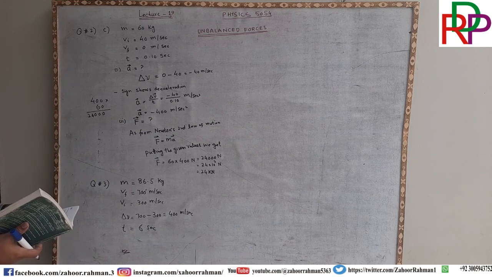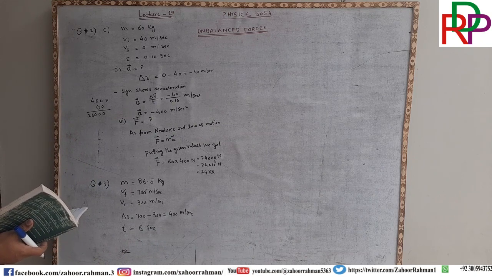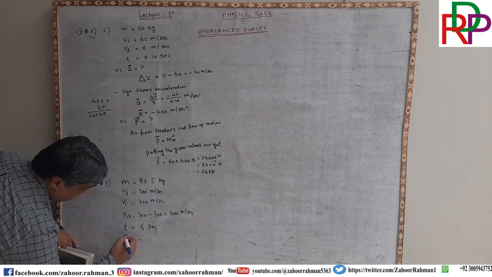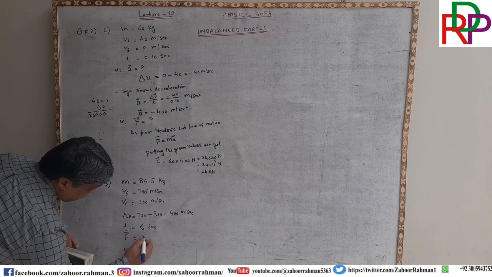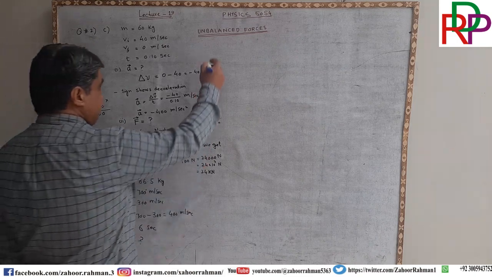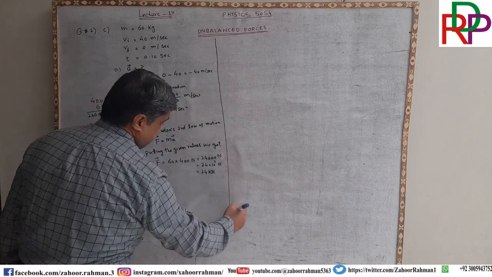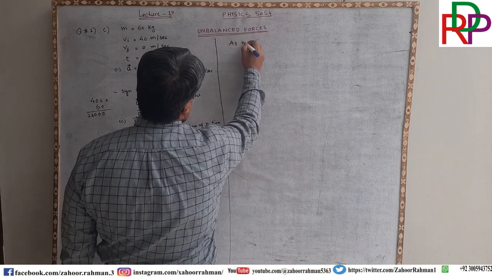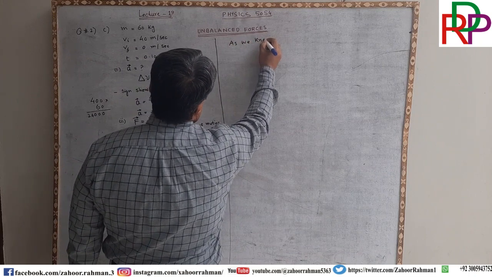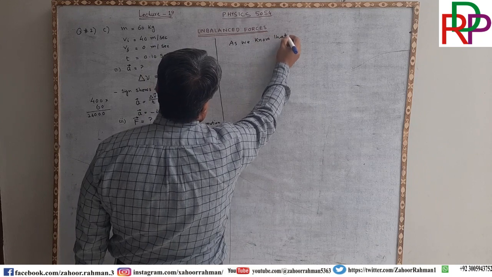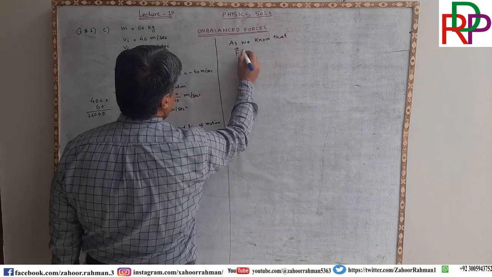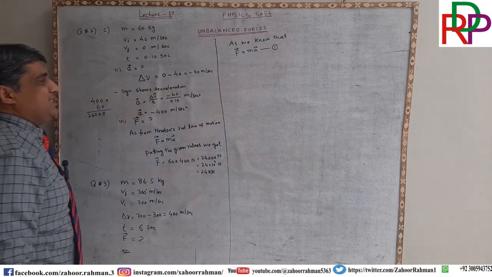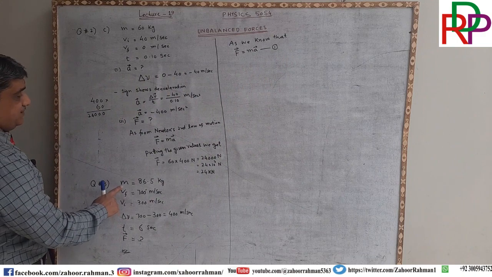Now they are asking what is the average force exerted on the missile. We have to find the average force. Ladies and gentlemen, all the data is given. So as we know that F is equal to MA, but for that we need A. M is given, but A is not.